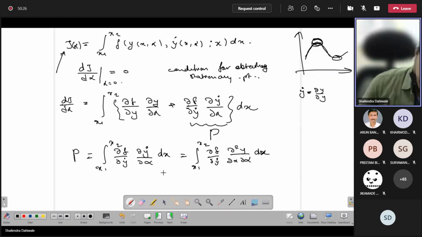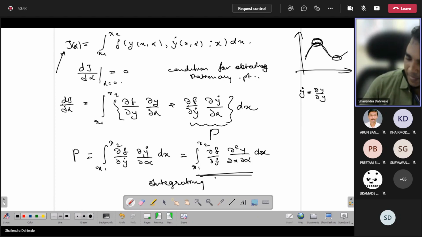So I apply integration by parts on this part.